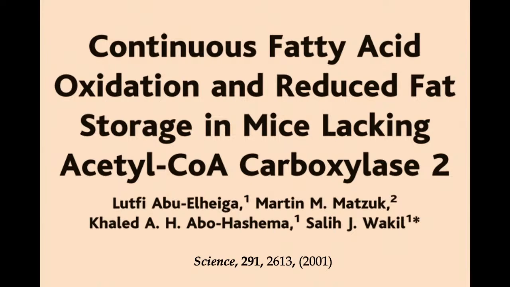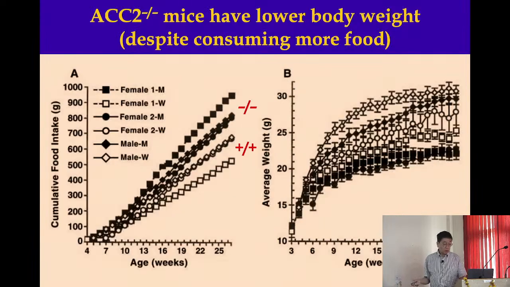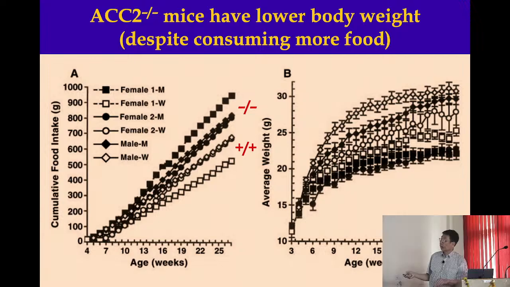They showed that ACC2 knockout mice have continuous fatty acid oxidation and reduced fat storage. This is how we got into ACC studies, because of this paper. The paper was published in 2001. I saw it, I think, in 2003. Not right away, but anyway, that's 2002, sorry. And that's when we started working with this system.